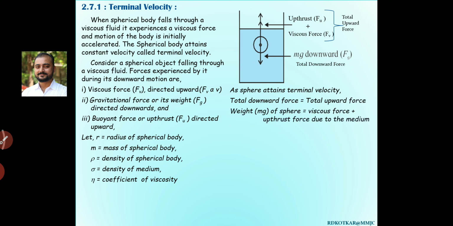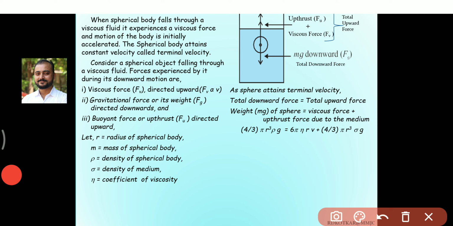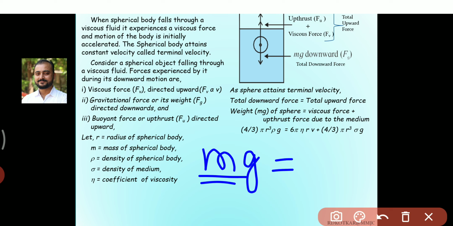So the total downward force is the weight mg of the sphere, and the upward force is the viscous force plus the upthrust force. Substituting the values, the weight is m multiplied by g. The mass is nothing but volume multiplied by density, multiplied by g.